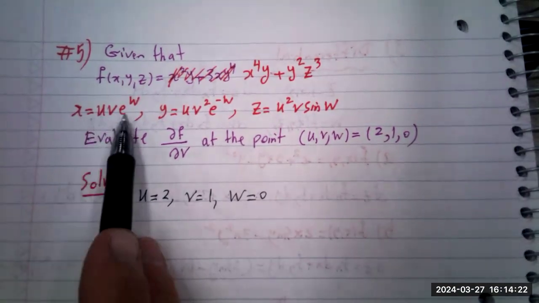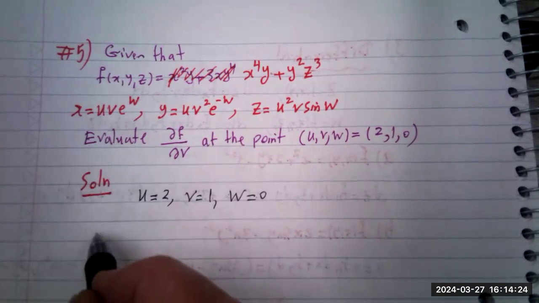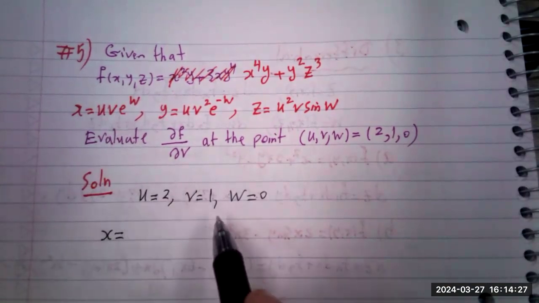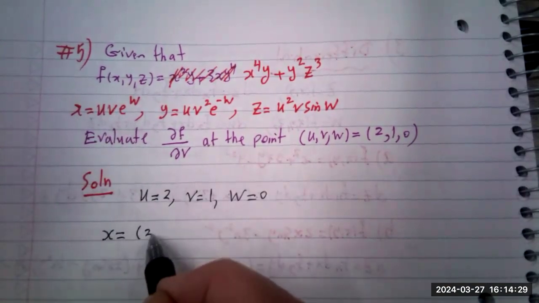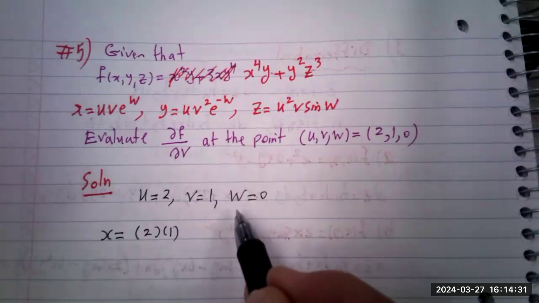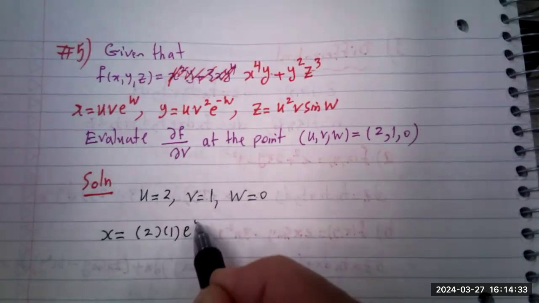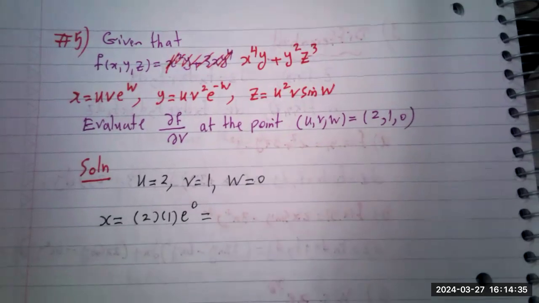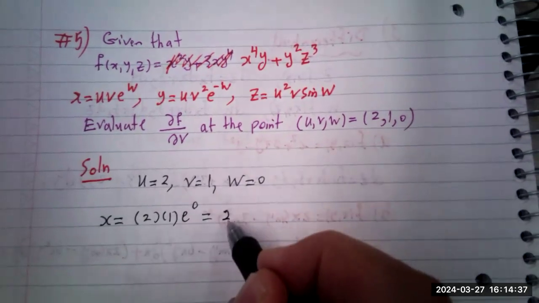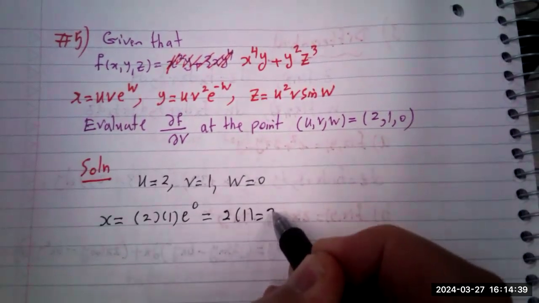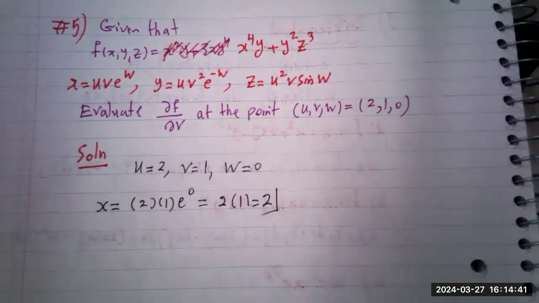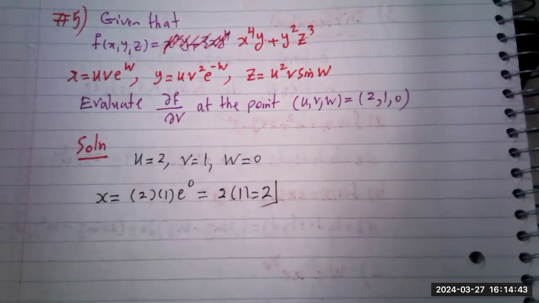So x is equal to u is 2, v is 1, w is 0, so e to the 0, which is 1. That gives you 2 times 1, which is 2. So x is 2.